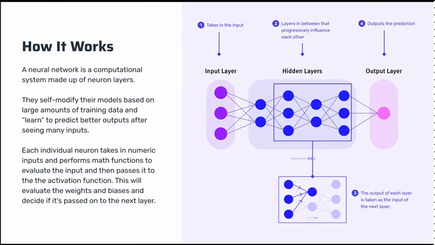And it just keeps going until it gets to the output. So based on the diagram on the right here, you can see that the input layer takes in the input, it passes it to all the hidden layers in the middle that are doing all these different functions and progressively influencing each other to get a better understanding of the input and predict the next output that comes. And then finally, it outputs the prediction to the output layer.